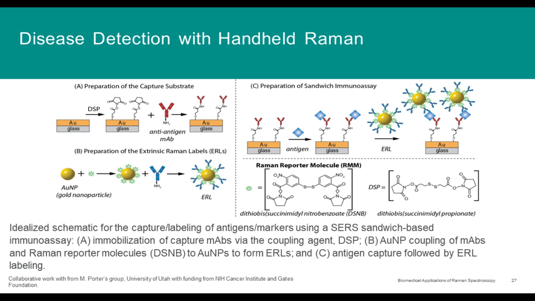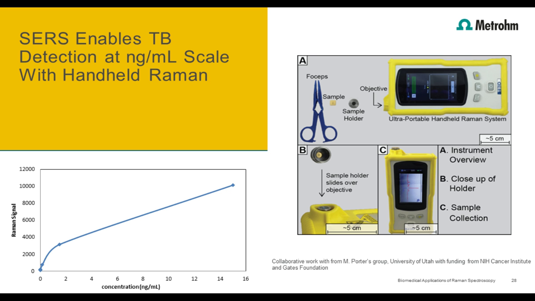So the idea is that if there's no antigen present, then the extrinsic Raman label won't be able to bind, and so we won't observe any of the signal from the reporter label. So this allows for really selective detection measurements of these types of antigens.